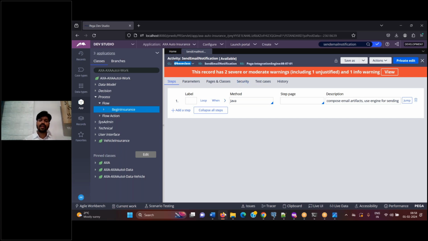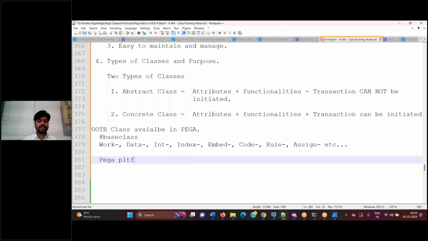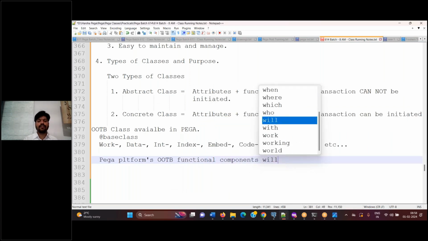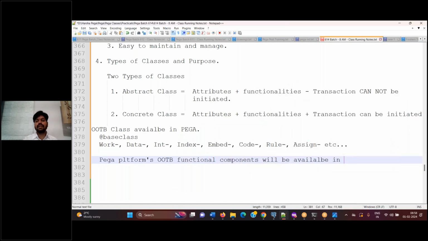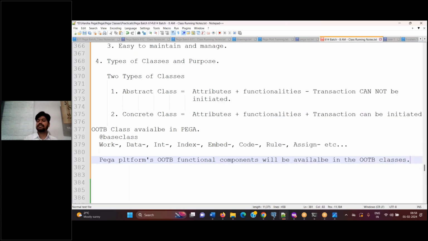But Pega platform comes with OOTB functional components, and those functional components will be available in the OOTB classes of Pega.